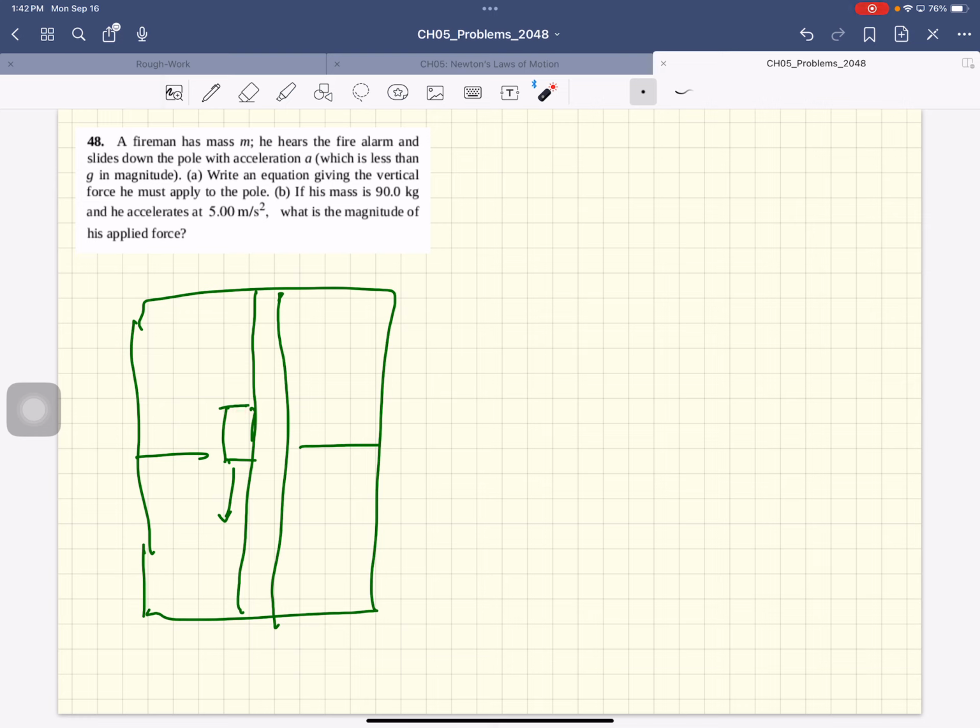A fire occurs, and then they slide down this pole. Of course, they could jump down. They'd get there faster, except that it's not good for their knees. So they slide down.